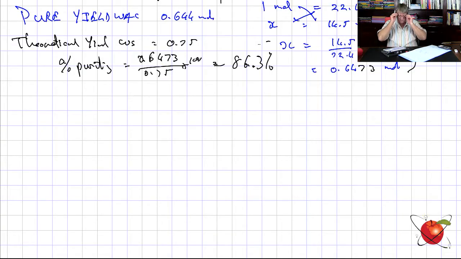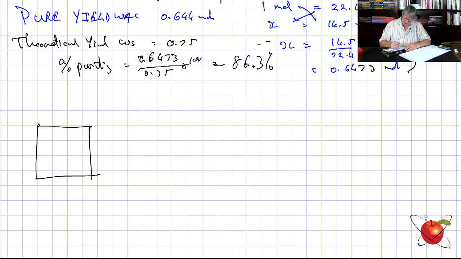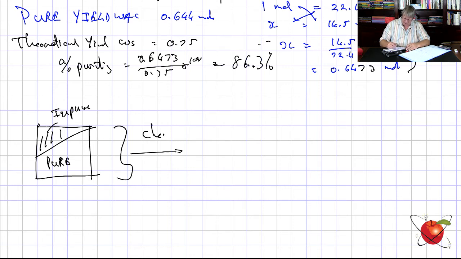All right. Do you want to go through that again? Let's just go through it again conceptually, shall we? Let's see if I can get it across slightly differently. Okay, over here, I'm going to say that this piece here is the impurities. All right, so this is pure. So when we put this whole block into a chemical reaction, only the pure stuff is going to react, okay?